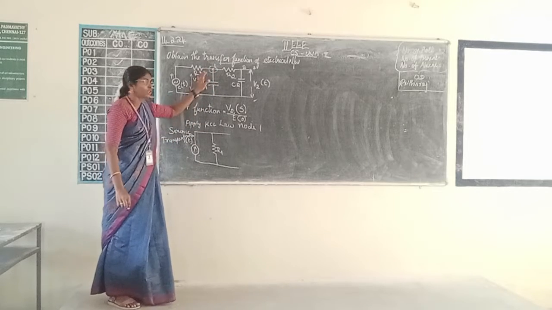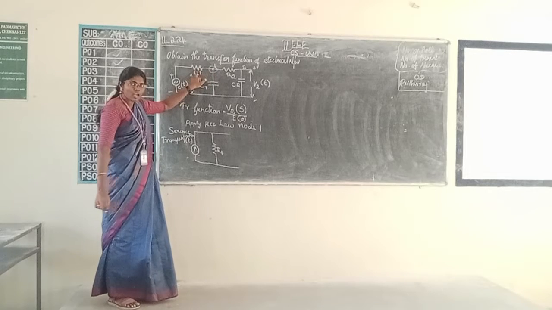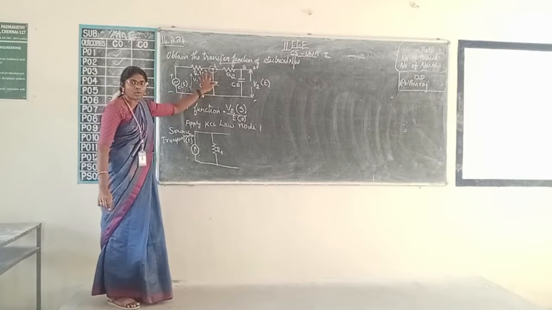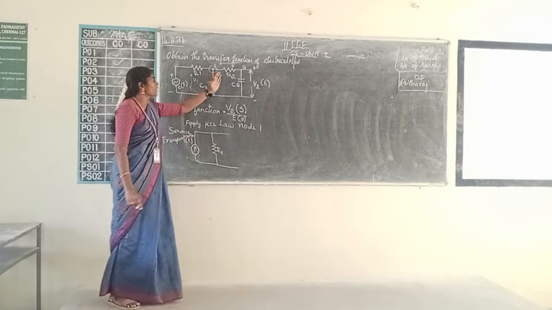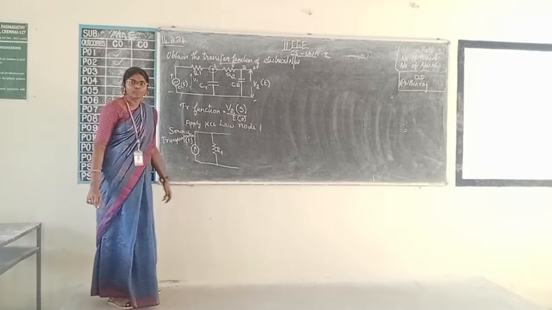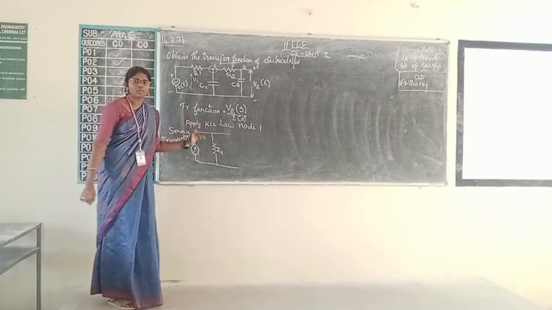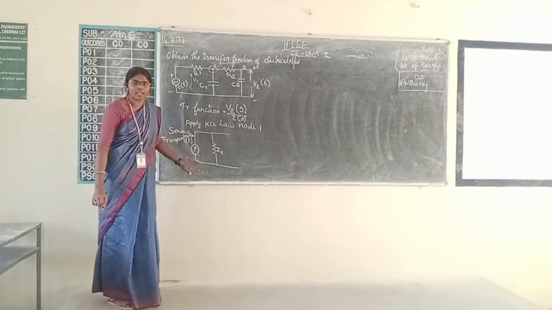Who is all connected to the first node? To the first node there is a resistance R1 and capacitance C1. Both are individual to the first node. Who is common to both nodes? Resistance R2. So we have to write the voltage. Why have we converted this source voltage to a source current?